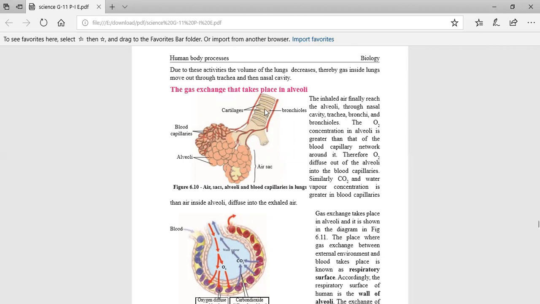It gives good shape to the bronchioles. If there were no cartilage, they would not keep their shape. This part is the alveoli. It is filled with air, and blood vessels cover the alveoli.